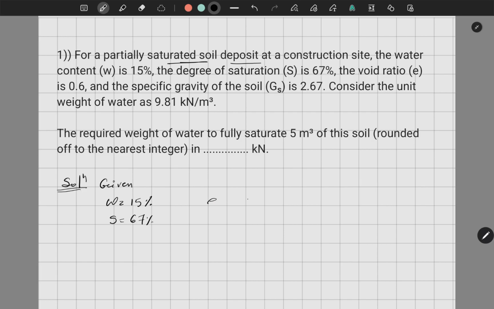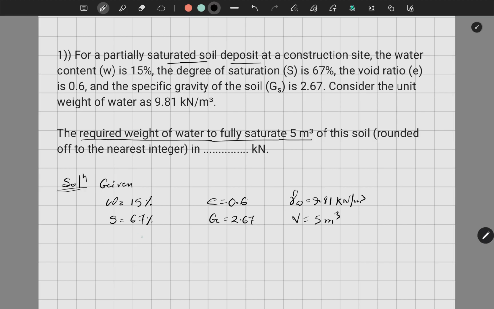Void ratio is equal to 0.6, and the specific gravity G is 2.67. Consider unit weight of water 9.81 kilonewton, and the required weight of water to fully saturate a total volume equal to 5 meter cube.